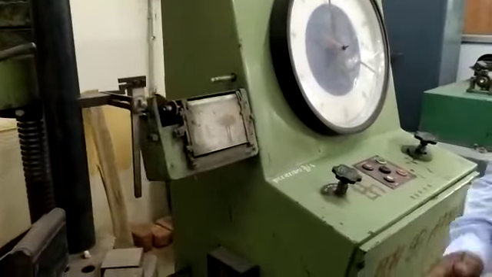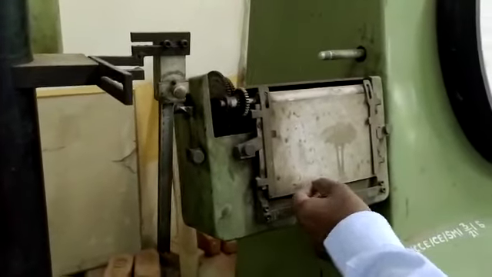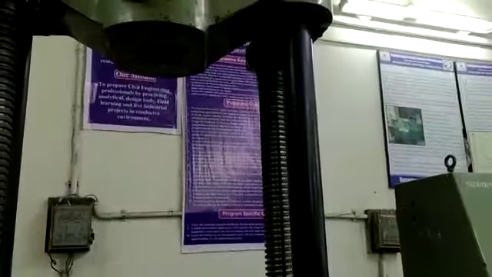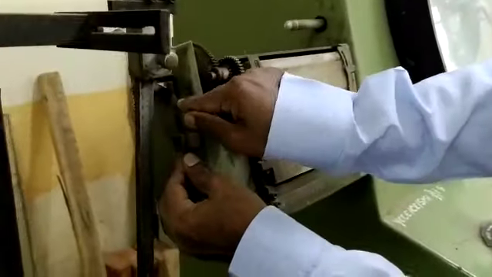There is another unit in the machine which is called the graphical unit. Here this graph is to be attached, and when we start the machine, this lower and upper crosshead will move upward. Here there is the attachment for the scale.